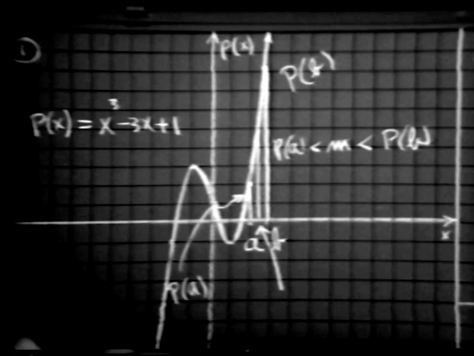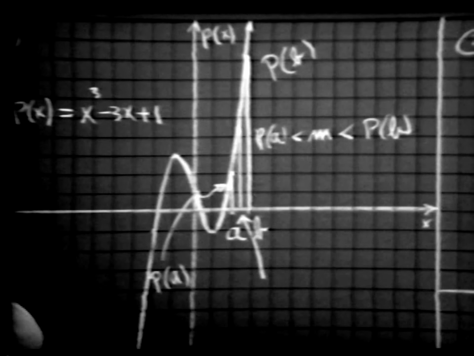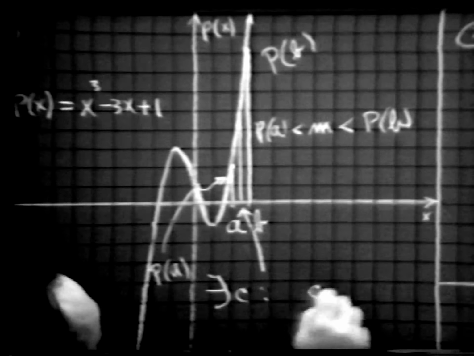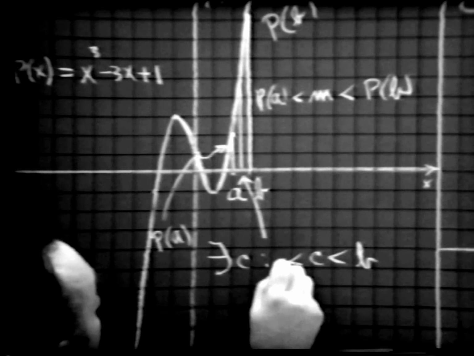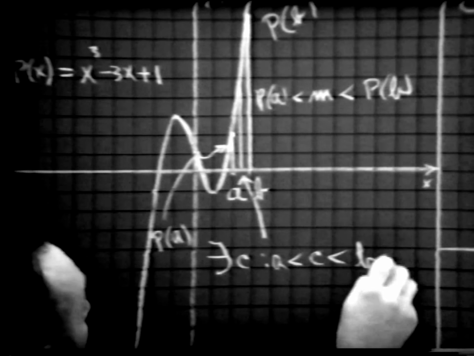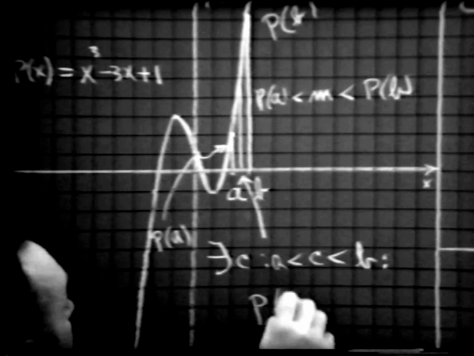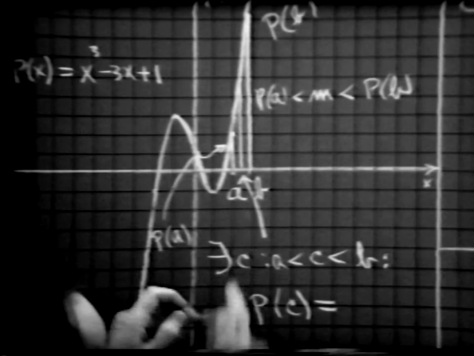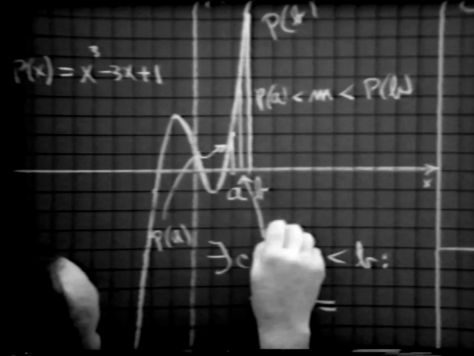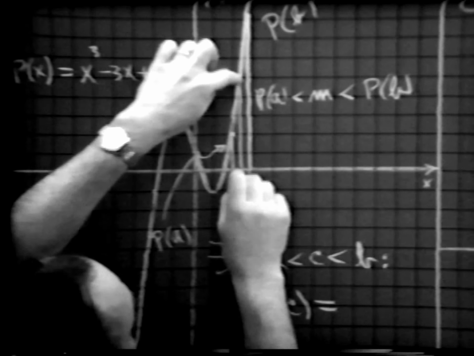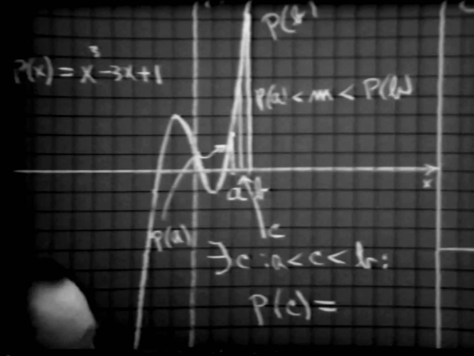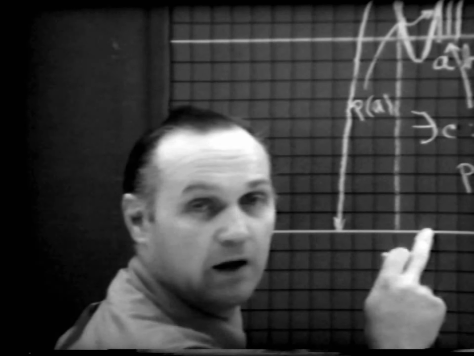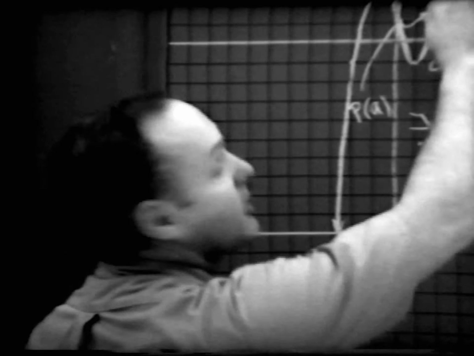Certainly it's going to be between A and B. And I think you will agree that there exists some number C where C is between A and B such that P of C must be equal to what number? M. P of C, if this is the coordinate of C right there, P of C must be equal to M. Very good.